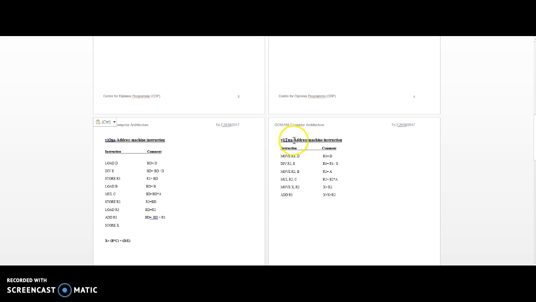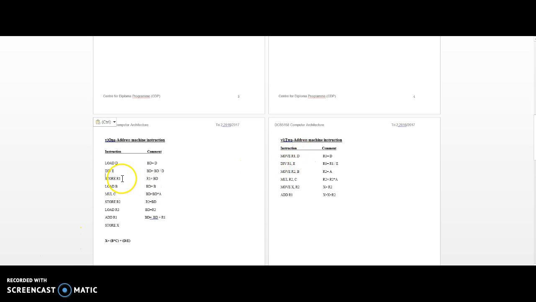Now I'm going to continue with two address machine instruction. Two address machine instruction is almost the same as one address. You have to write move R1, D. This is almost the same as what we did in one address.